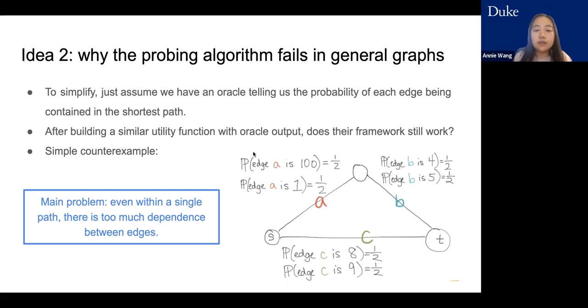The main takeaway from this was that even by simplifying down to having an oracle telling us this probability, there's too much dependence between edges, even within a single path, because the outcome of one edge will determine how likely another edge is to be on the shortest path. And for their framework to work, we would need some degree of independence, which we don't have here.